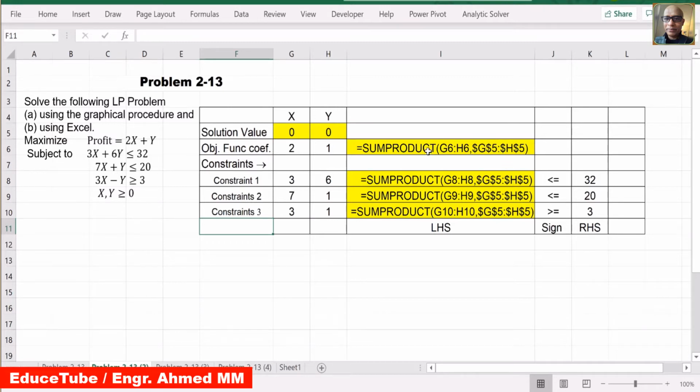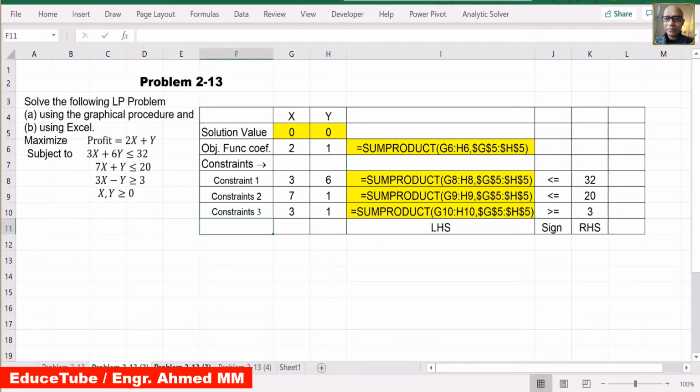That is why in all the cases it is locked with the dollar sign: G10 H10 these two, G8 H8 these two, G6 H6 these two, but G5 H5 for all of them is this one. So once we get the value, right now this is 0, so surely all these values will be 0.